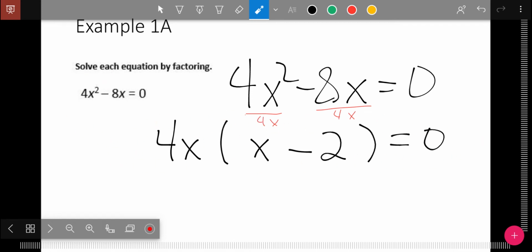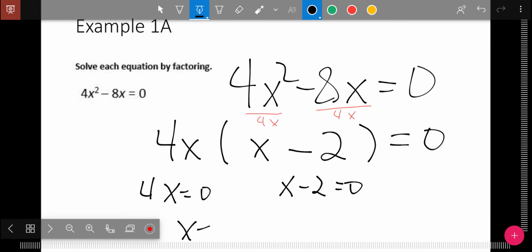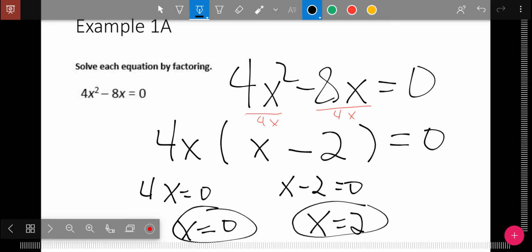To solve it, to get the zeros, solutions, or roots, I now have to set each of these parts equal to 0. So 4x equals 0, and x minus 2 equals 0. Anytime you don't have a plus or minus, it's just going to be x equals 0. Here we're going to add 2 to both sides, and so we get x equals 2. So those are my two solutions or roots to this problem.